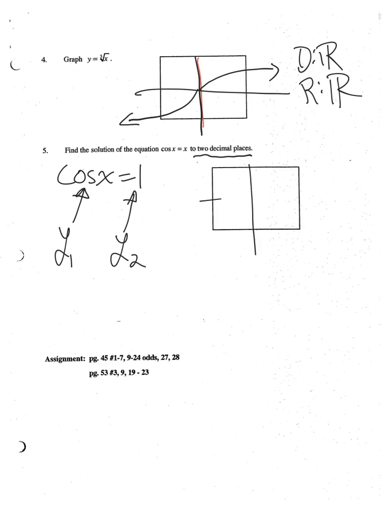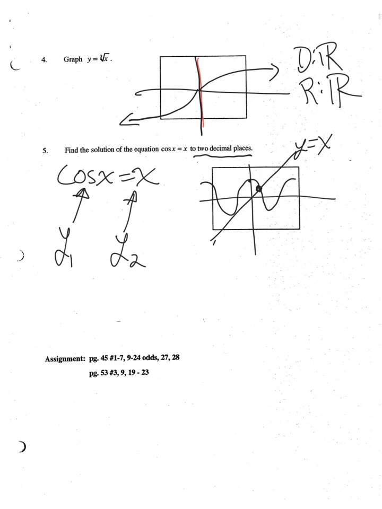You're going to see your cos graph doing this, and then you're graphing the line y equals x.